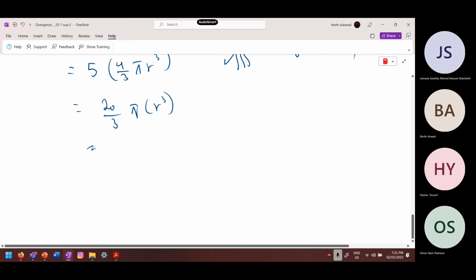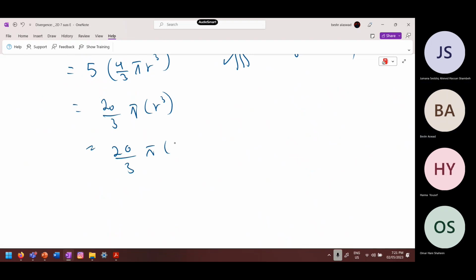Okay, so this gives you 20 over 3 pi 5 cubed. That's equal to, I think that you need a calculator for this, or you don't. 5 times 5 is 25. Times 5, 25 times 5 is equal to 125.